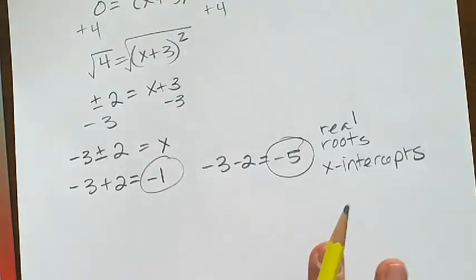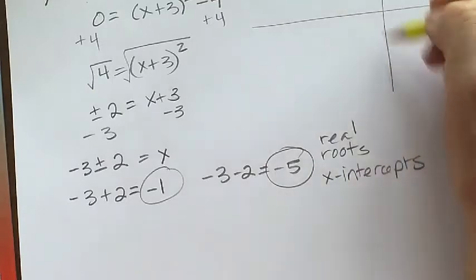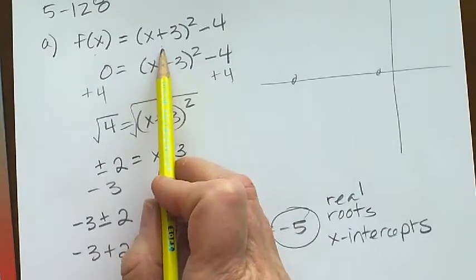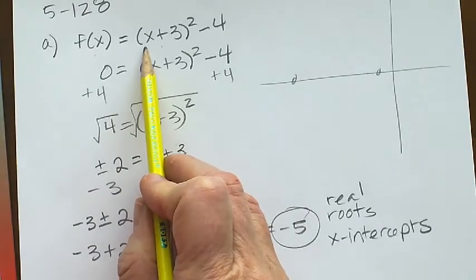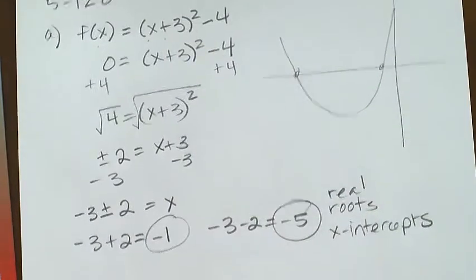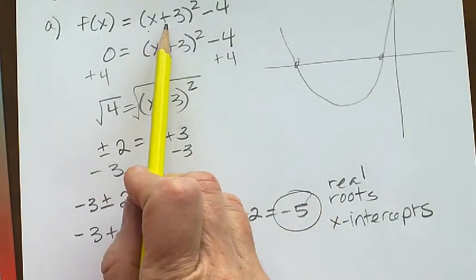So let's think about what this is going to look like. It's going to hit the x-axis at negative 1 and negative 5. And I know it's going to be opening upwards because there's no leading coefficient that would be negative. So it's going to look kind of like this.